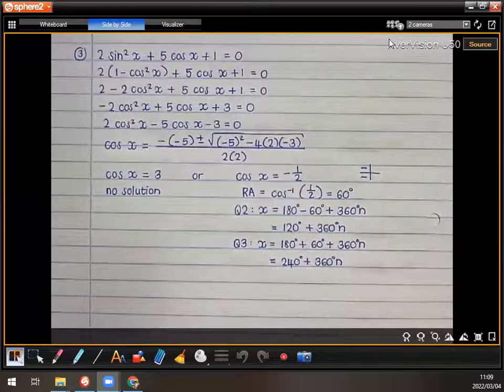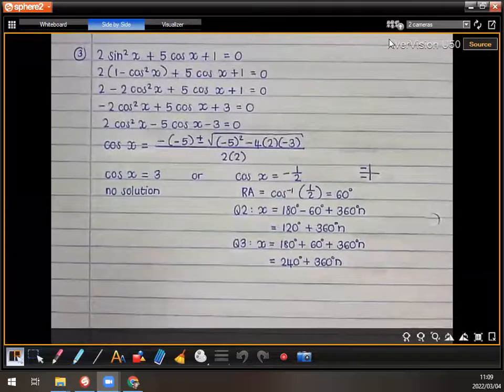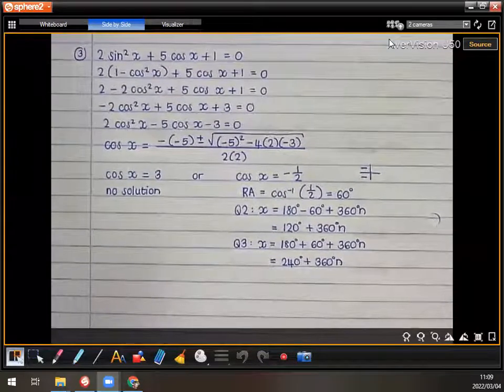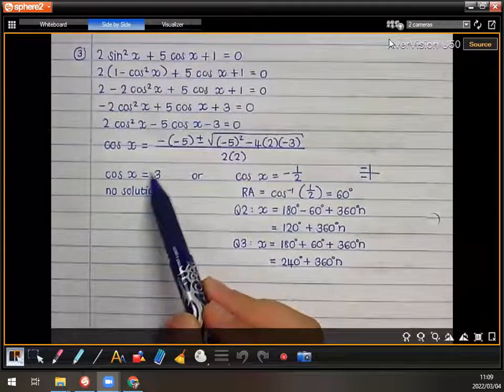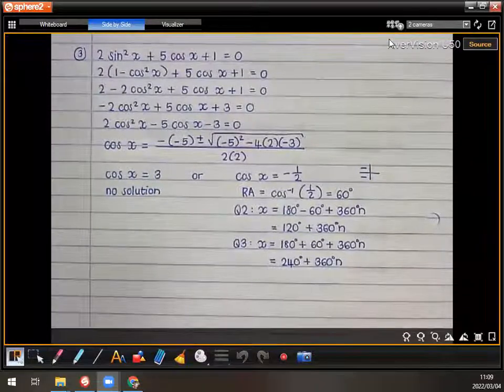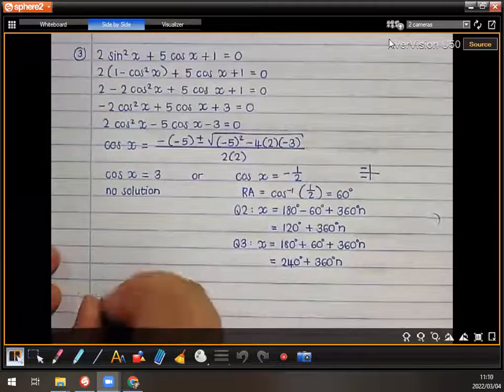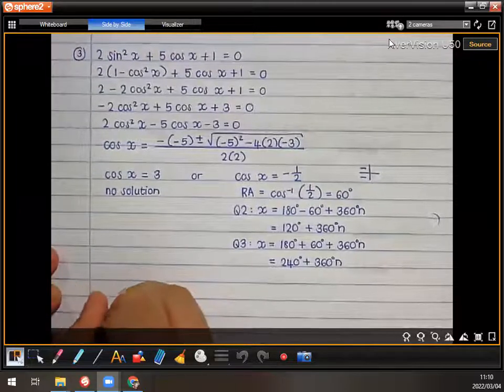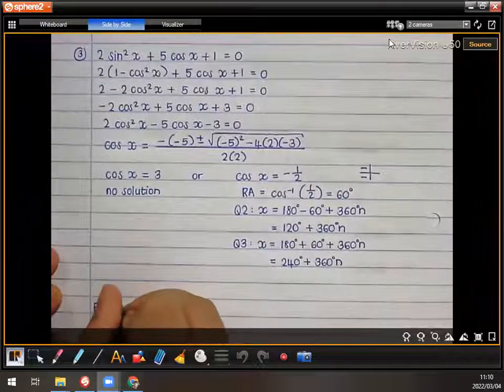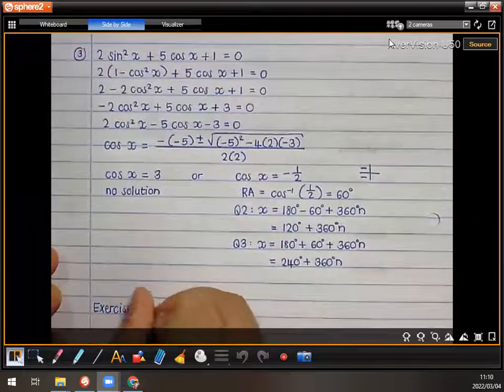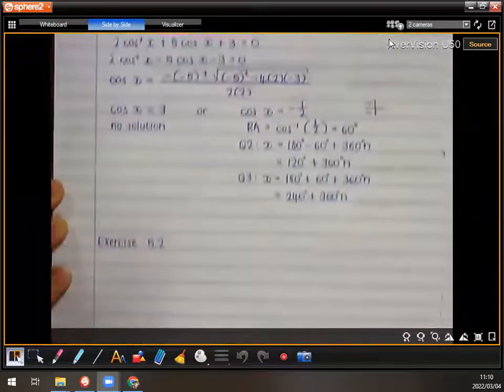And usually that will be the case, right? When it's a trinomial, if you're getting two values for cos x or sin x or whatever, usually one of them will be too big or too small. So if this was like a -2, for example, you also would get no solution. So there's usually one with no solution and then one you have to calculate. Okay, I'm going to give you some of these to practice before we on Tuesday move on to the ones where we're actually using the new identity.